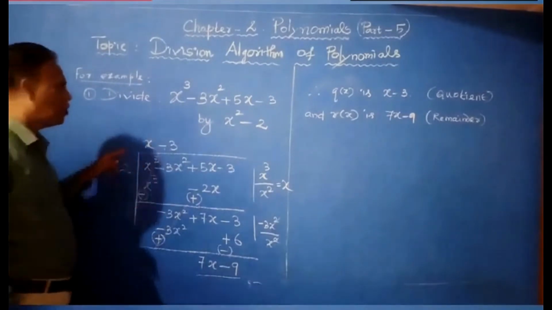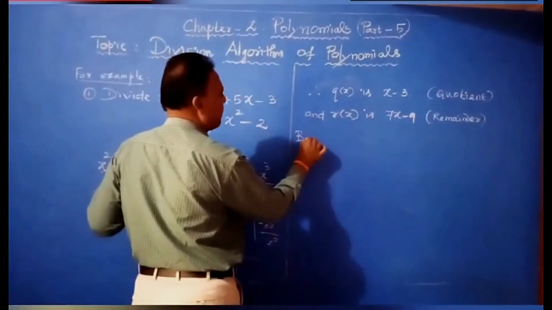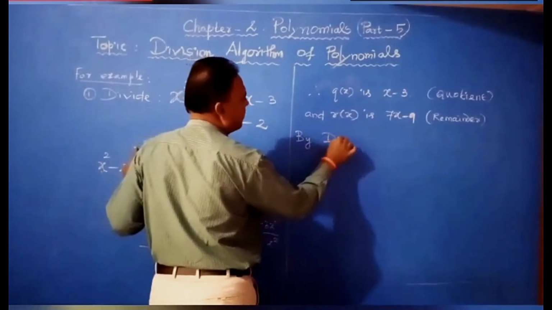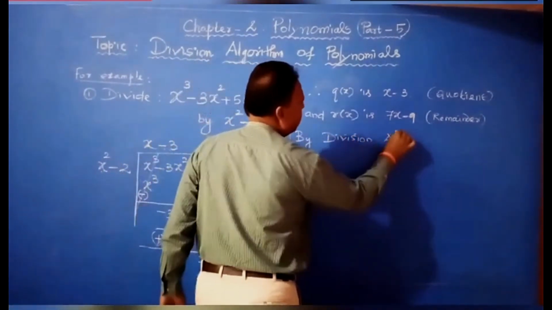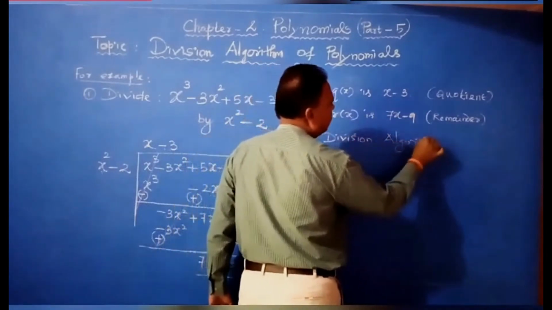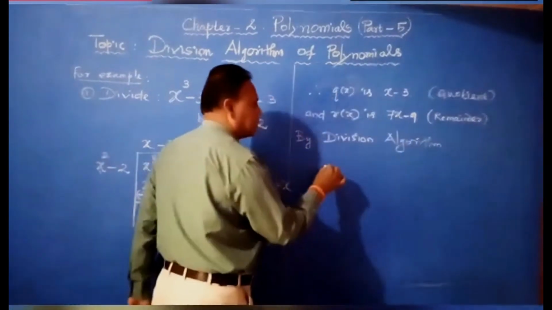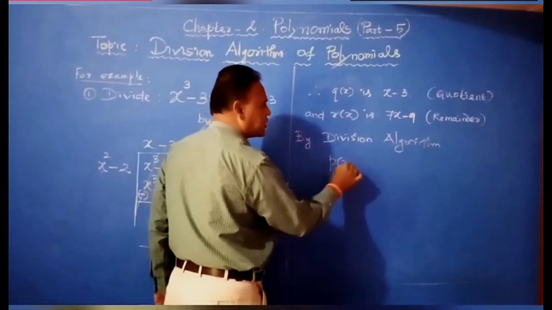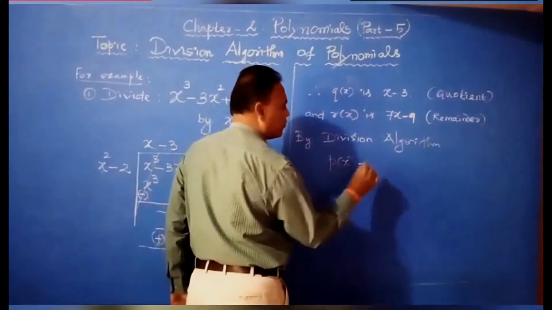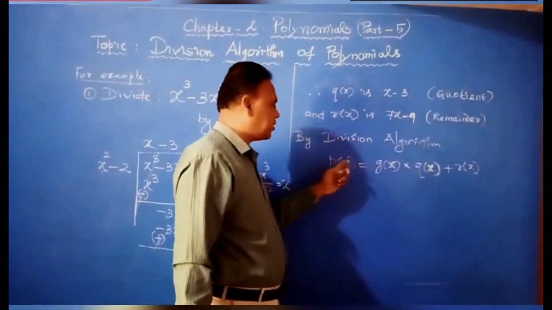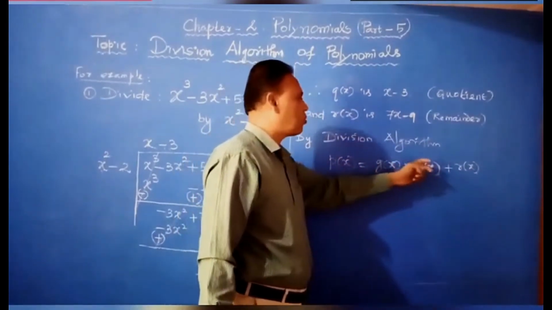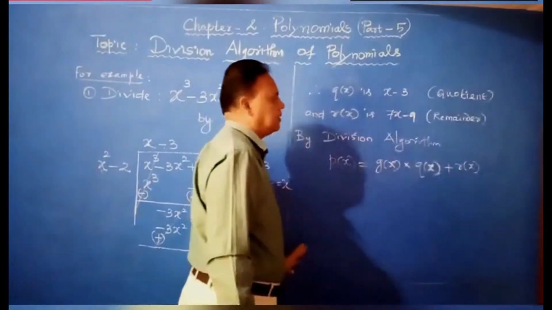We can check also. So by division algorithm, what is the division algorithm? p of x is equal to g of x into q of x plus r of x. That is dividend equal to divisor into quotient plus remainder.